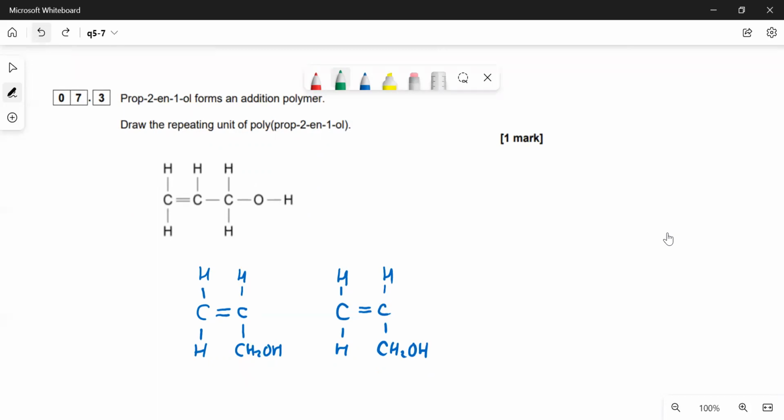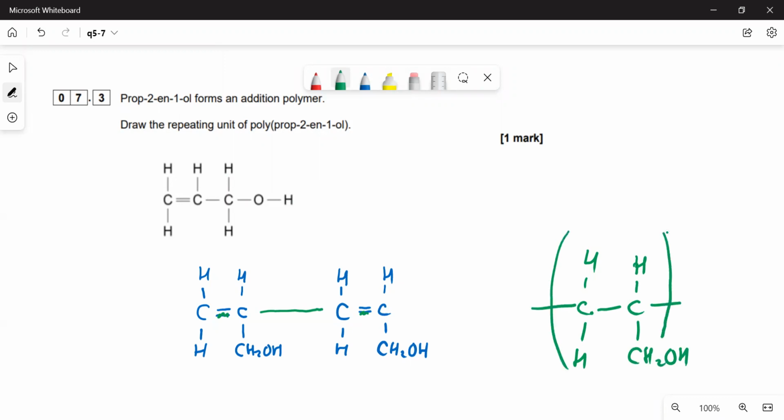So you're going to break that bond and that bond, and form a new bond between those two. So you can see the repeating unit is going to look like this. We need to draw those bonds there. I always put brackets around it. I think they don't actually insist on the brackets, but that's the repeating unit.